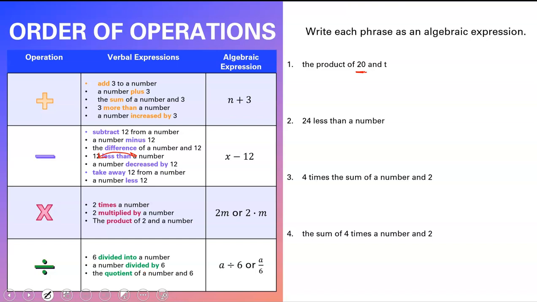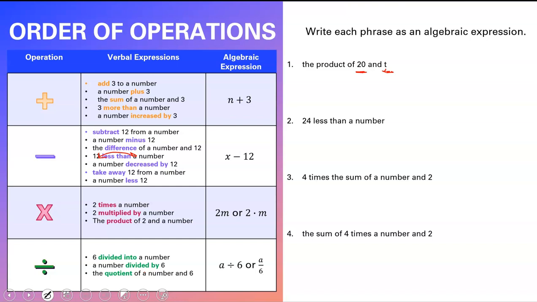Are there any variables involved? In fact, there is t. Now, t could mean time. It can mean a number of different things. These are very basic sentence stems to get us practicing translating. So I'm going to underline both the numbers and the variables.